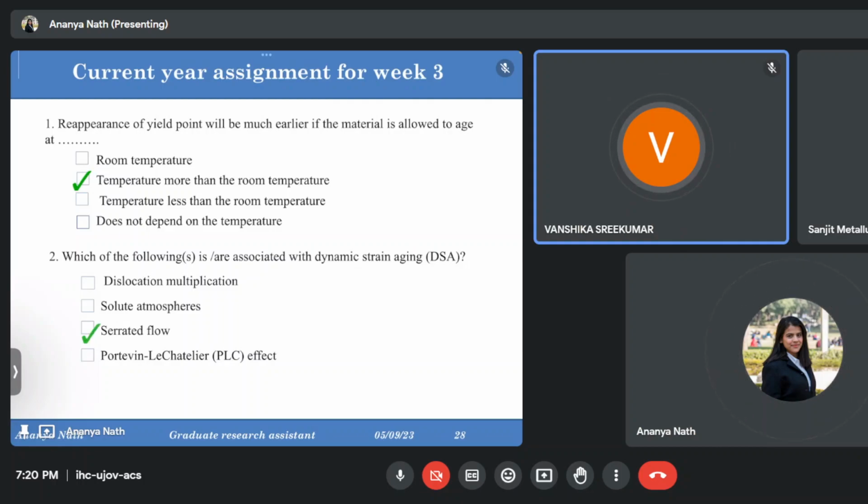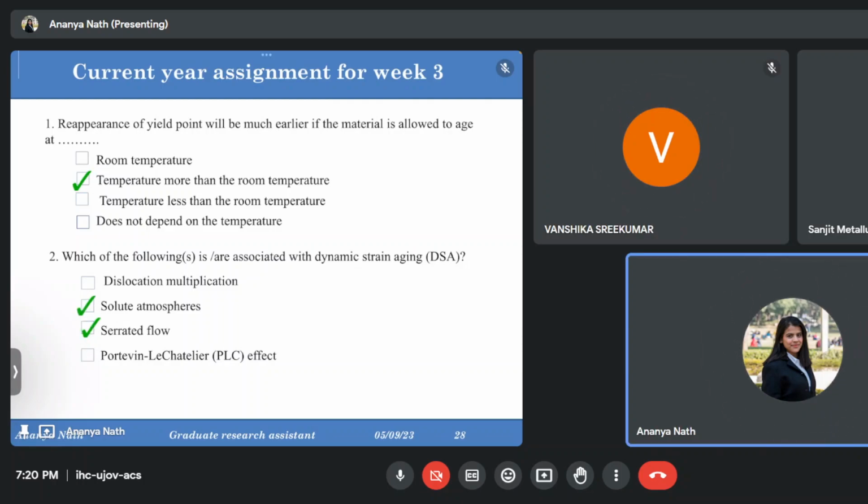Yes, three options are correct. All the things are related to dynamic strain aging. Because for dynamic strain aging, the solute atmosphere was built up, and due to that, the dislocation movement was hindered. And serrated flow and PLC are both the same thing. So those were present inside that.